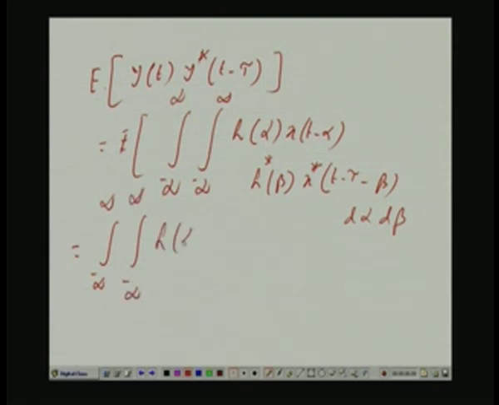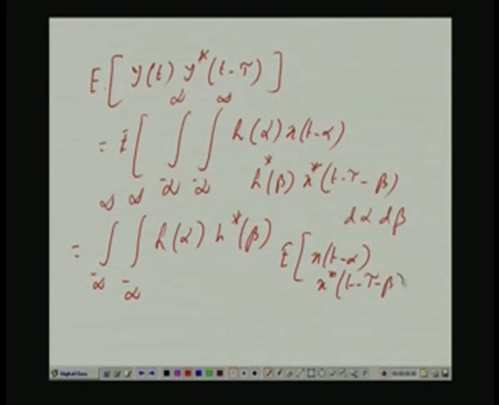So, you have got E of the product, d alpha d beta, and you see what this expected value of the product is. It is a correlation. Input is WSS, so this correlation depends on what?